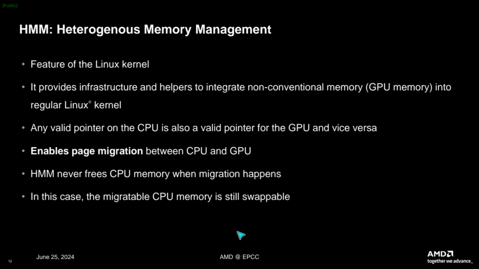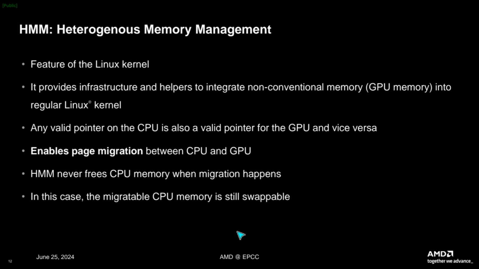So this heterogeneous memory management, sometimes called HMM for short, is a feature of the Linux kernel. So it's available on architectures across the industry, including AMD and other GPU vendors.